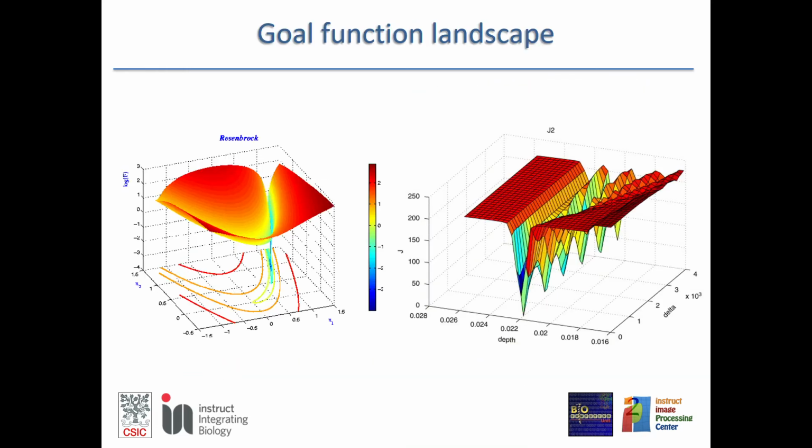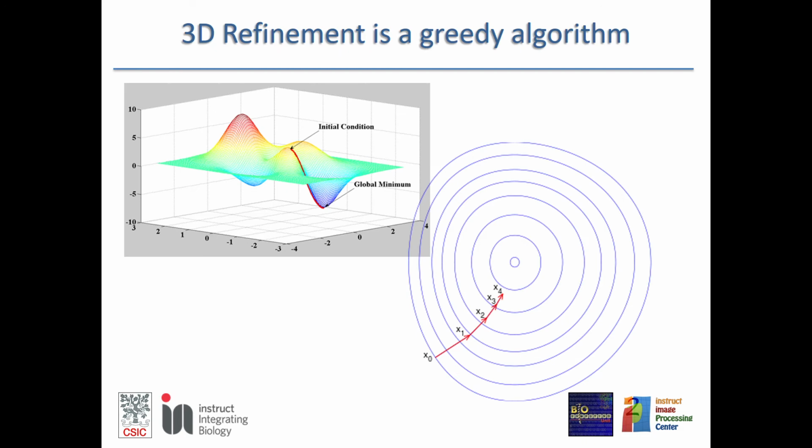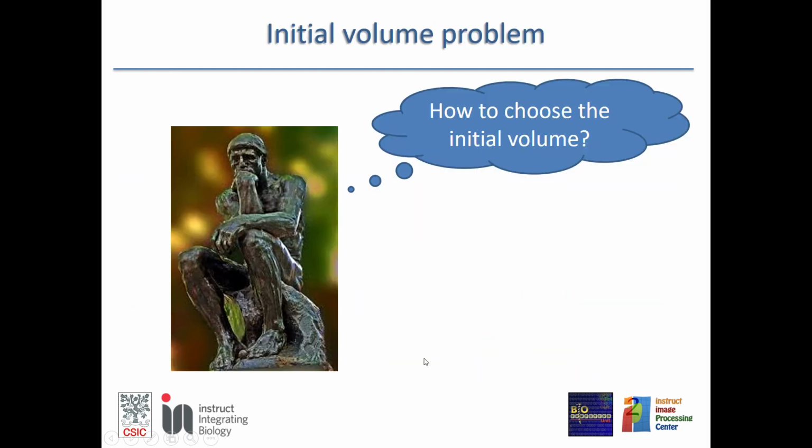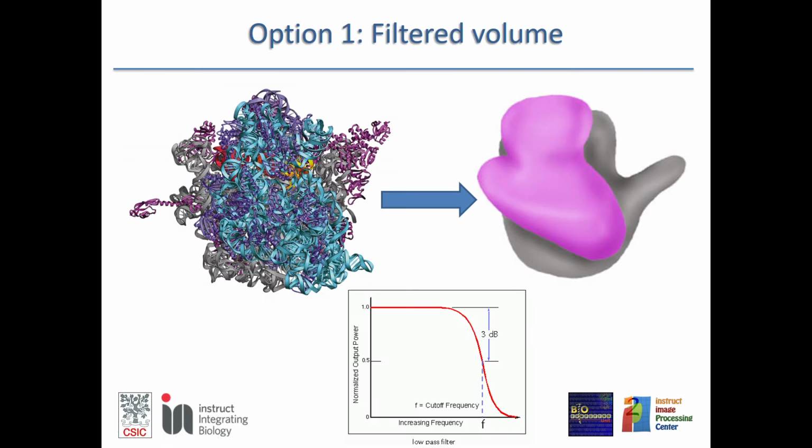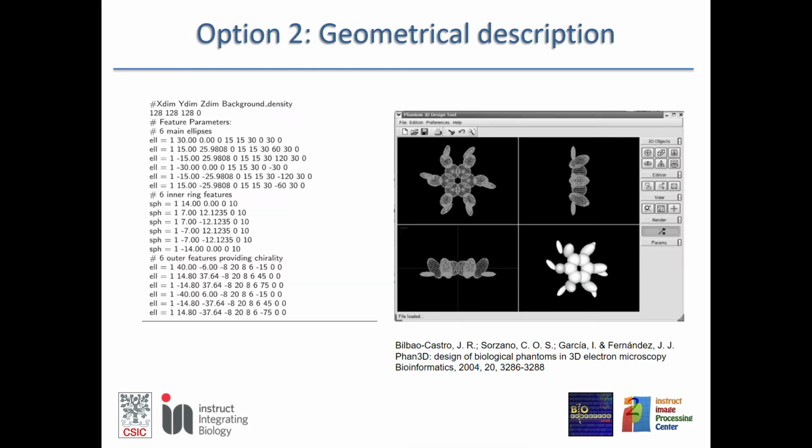So that would give a relatively good initial point for the minimization. This is one of the most common choices if you have something previously known that can be safely used.